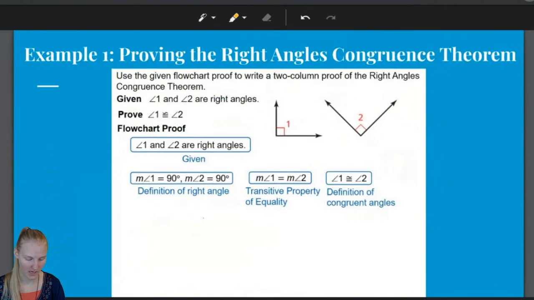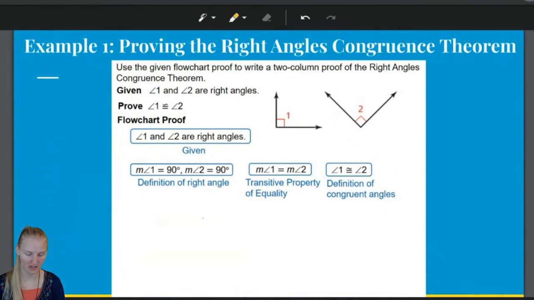So, example 1, we are proving the right angles congruence theorem, and the instructions tell us to use the given flowchart proof to write a 2-column proof of the right angles congruence theorem. So we are given angle 1 and angle 2 are right angles, and we want to prove that angle 1 and angle 2 are congruent.